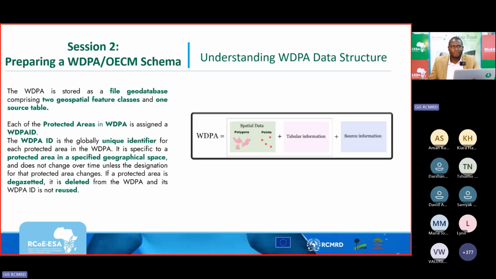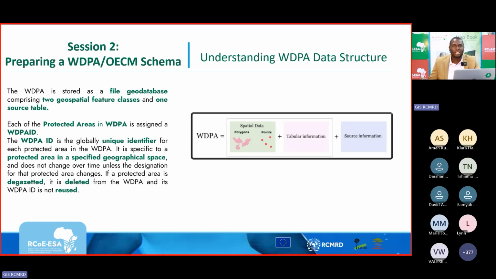Just to understand the WDPA data structure, it has three files. It has a file geodatabase that consists of two geospatial feature classes and one source table. Two geospatial feature classes means that it has the polygon and the points feature classes.